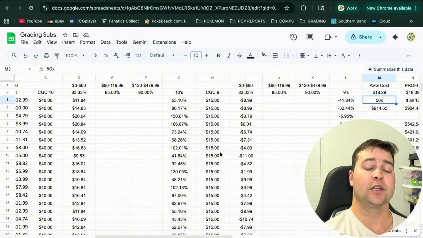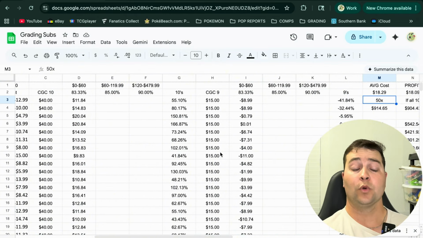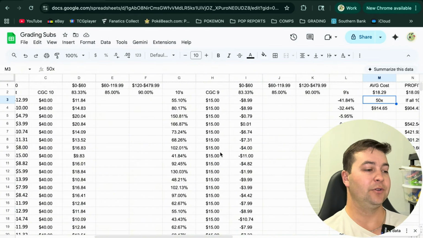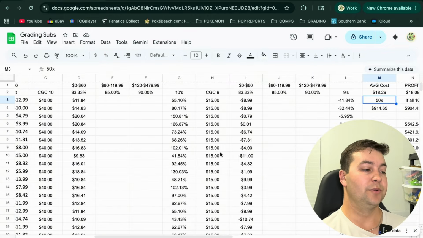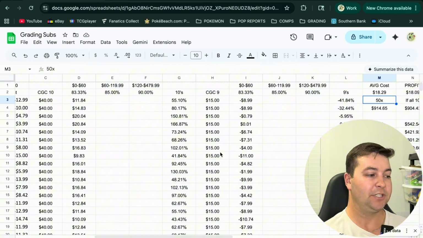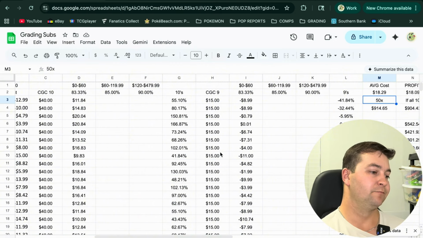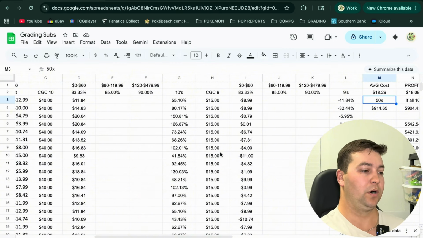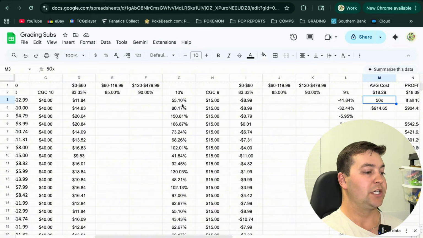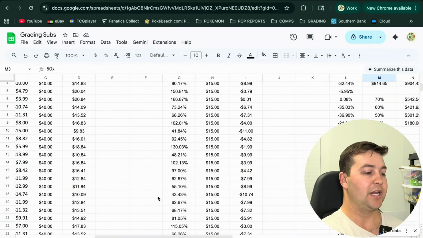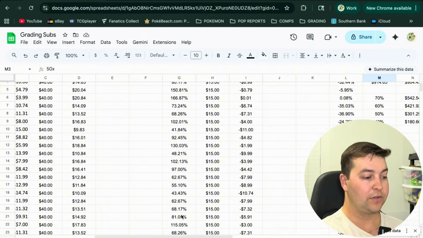Grading fees start to add up, and with those small margins, you need to make sure that you're making double what you would be if you didn't get the outcome that you were looking for. You can kind of see here I have percentage profits that I make if these got like $40, and you can see some of them aren't very good because it is just an average and it's taking the actual cost of the card.